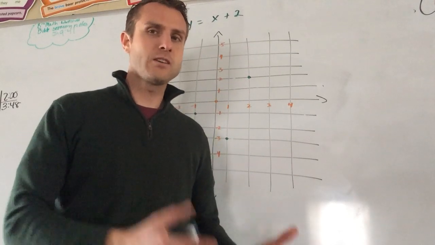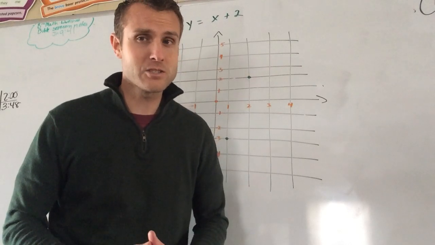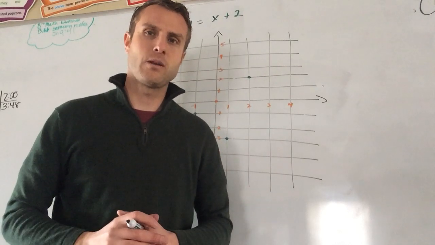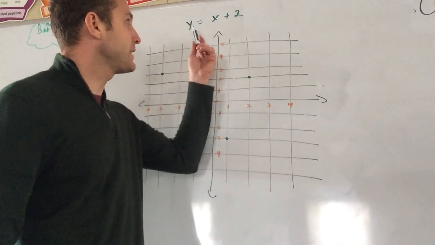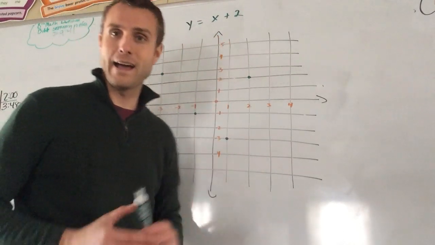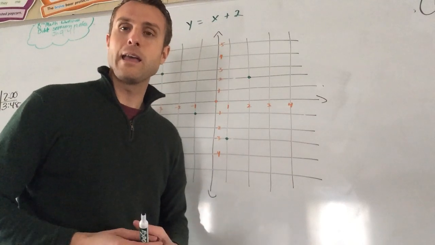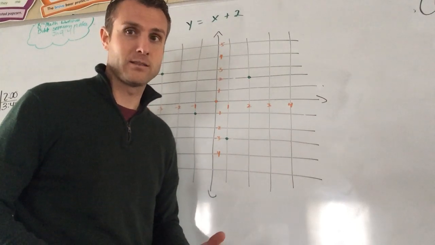So when you graph these equations, if they do not turn out like a straight line, you know you are doing something wrong. A linear equation will always be an equation with a y or an x or both, and it will never have an exponent.